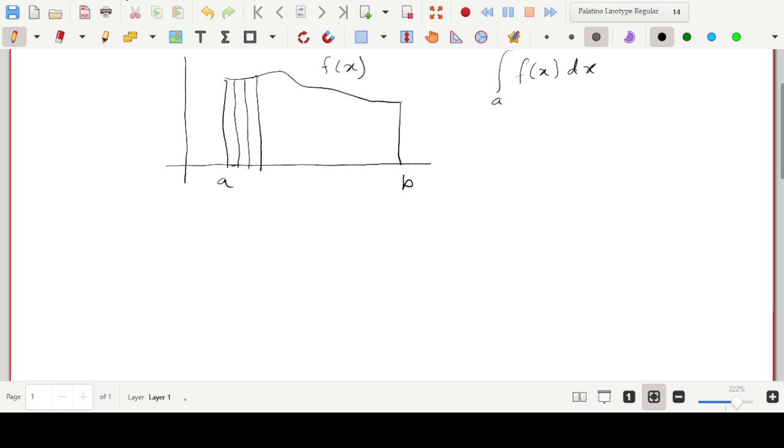Had this been a straight line segment, we could have treated it as a rectangle, and then we could have found the area by using the formula for the area of a rectangle. But then we take resort to the idea of limits.